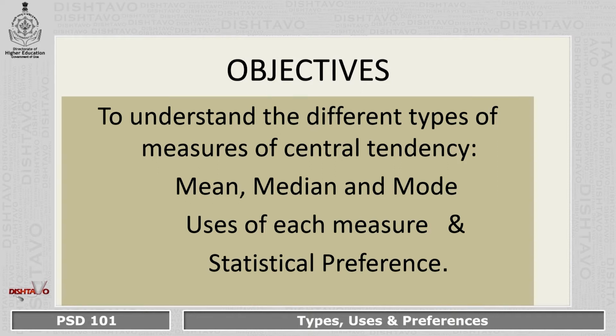We have 3 measures of central tendency: mean, median, and mode. We will also understand the uses of each of these measures and the statistical preference of using each of these measures.